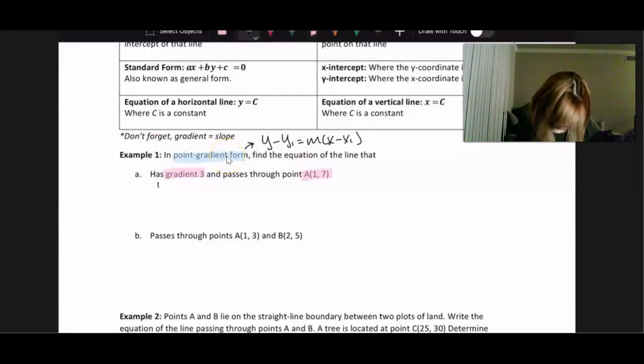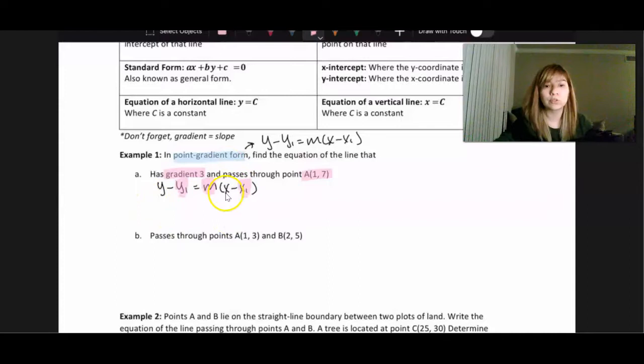So y minus y1 equals m(x minus x1), and I know my gradient m, and I know my point (x1, y1). Now you don't replace anything for x and y, these are just placeholders for any input and output values of our equations, so we'll leave those alone. So the ones I highlighted in pink are the only values you're substituting in.